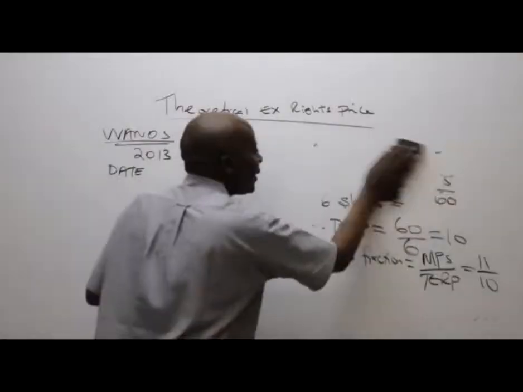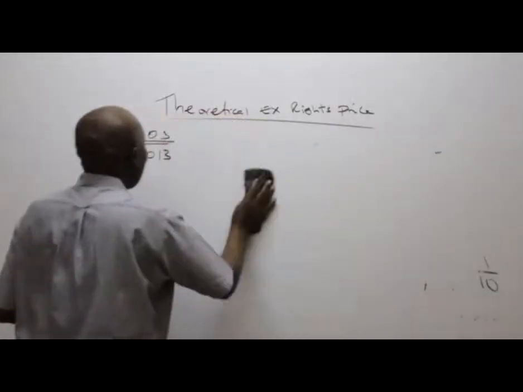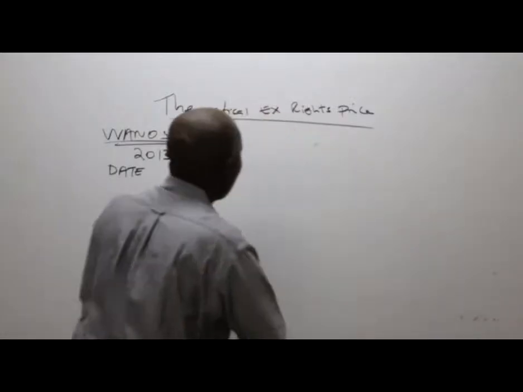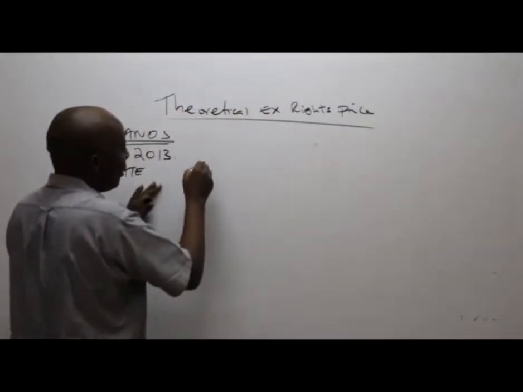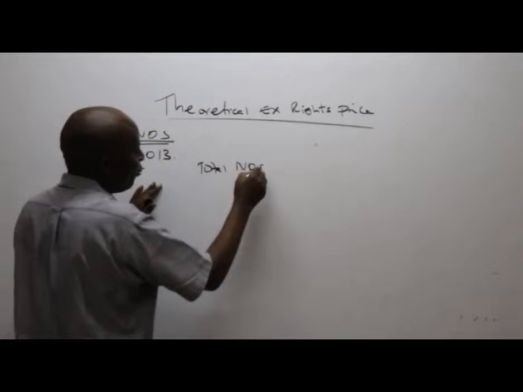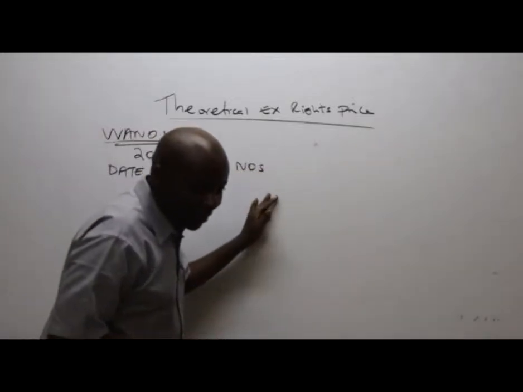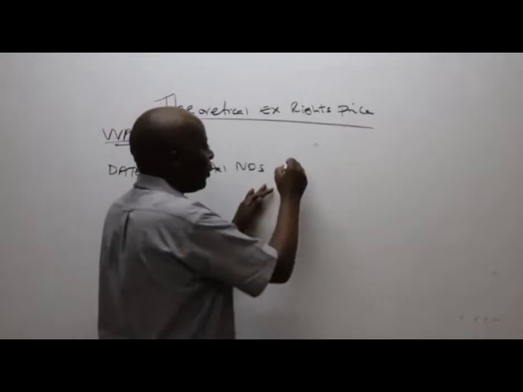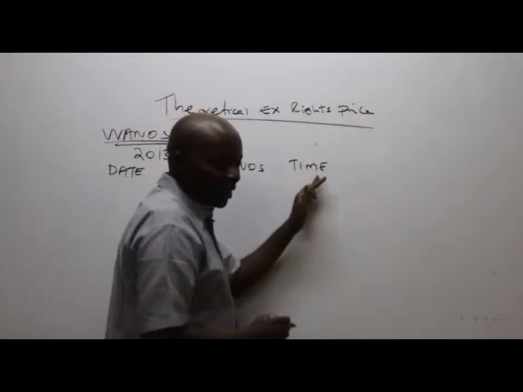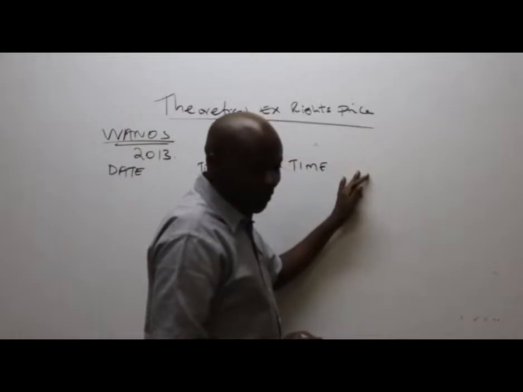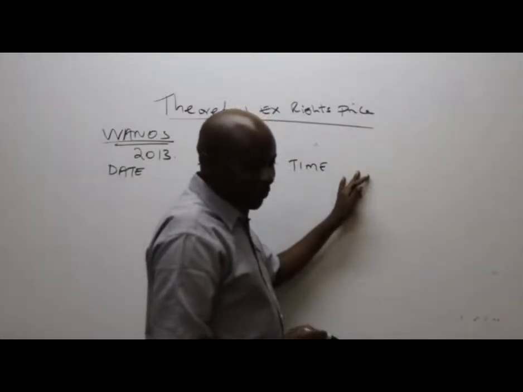So we have the date. Now, out of this date, I would want to know the total number of ordinary shares. After that, we have the time. After that, the weight, the bonus fraction.